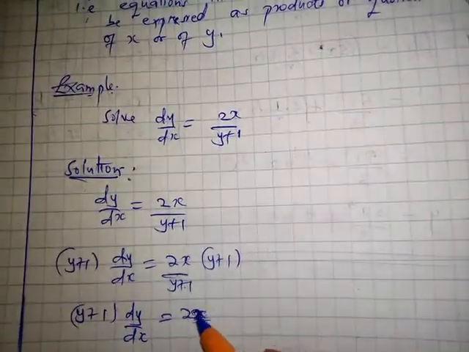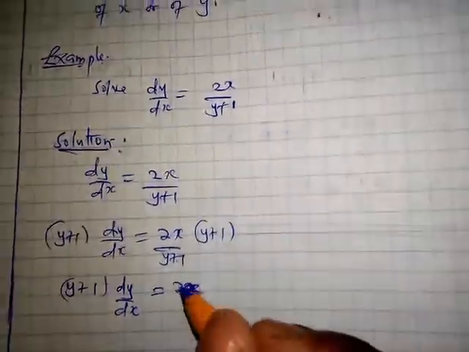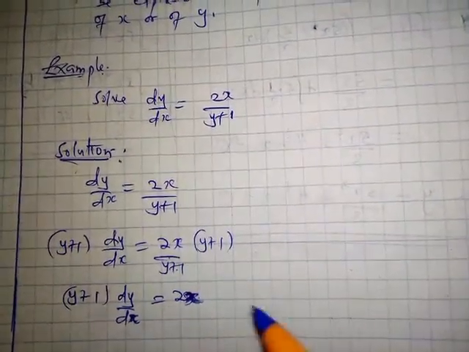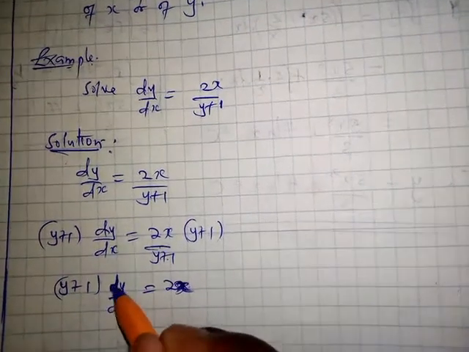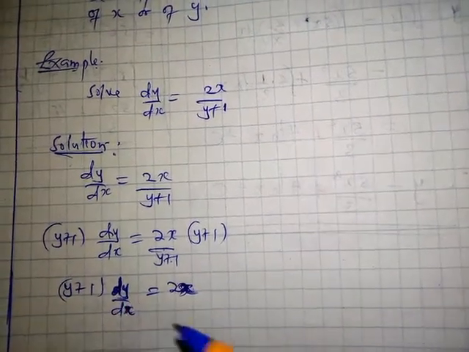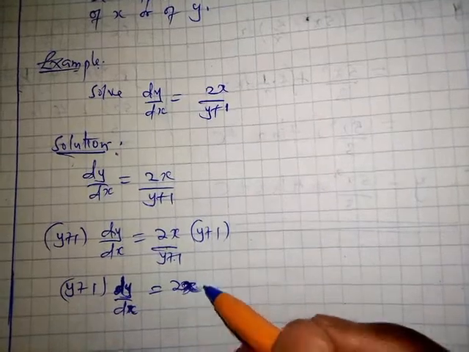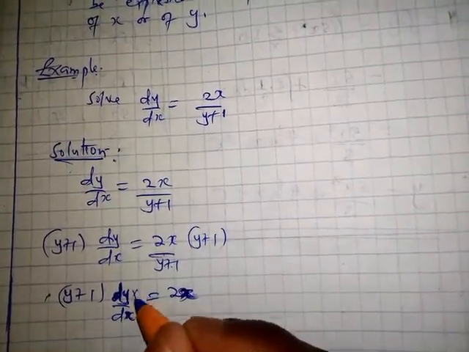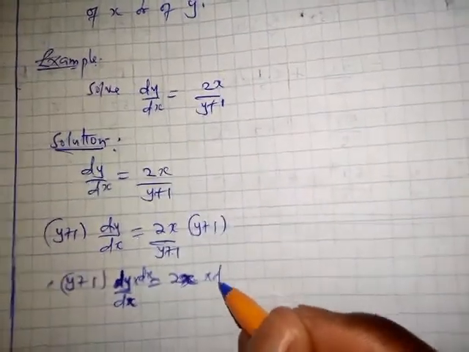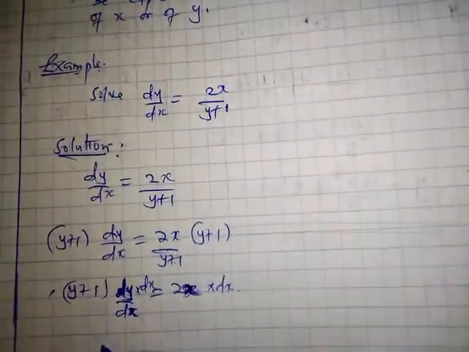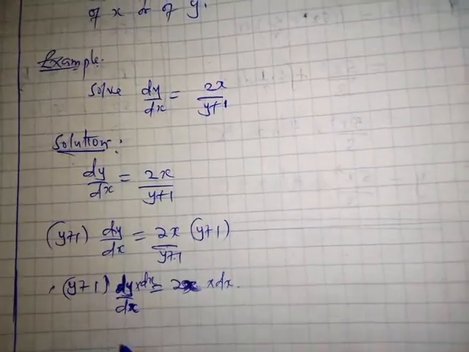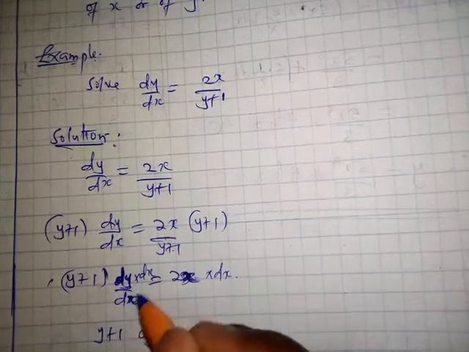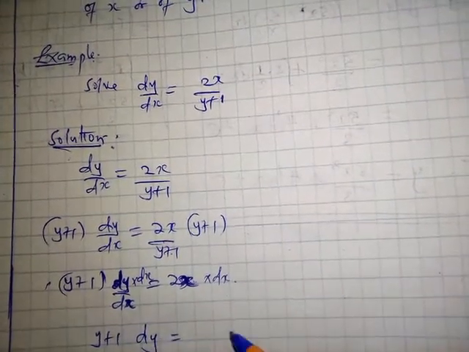So we want to eliminate this dx from the left hand side, so that we have y dy and x dx. So we multiply both sides by dx, and the resulting answer is (y + 1) dy = 2x dx, because the dx goes and we remain with dy.